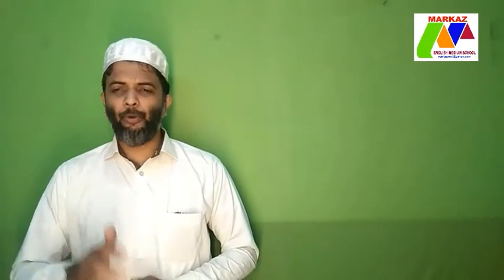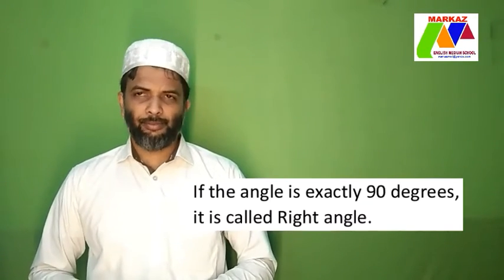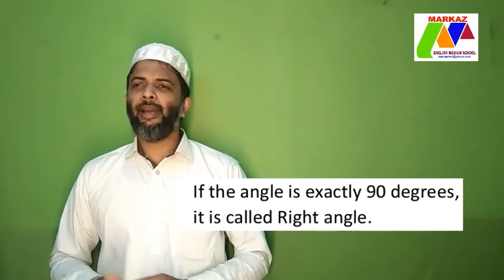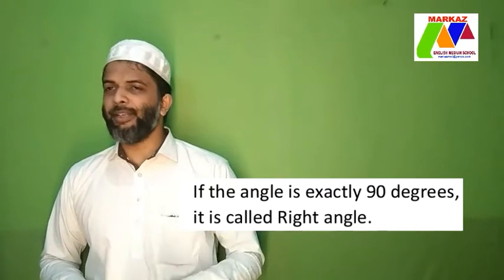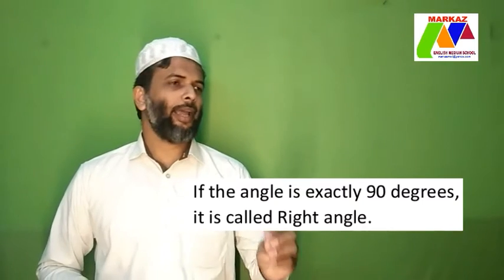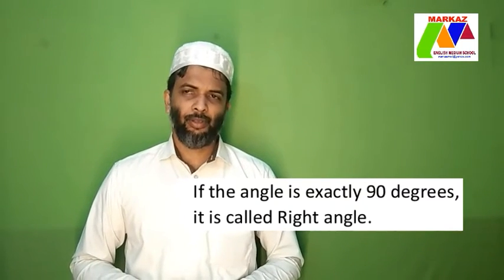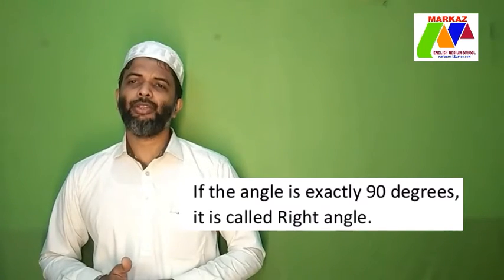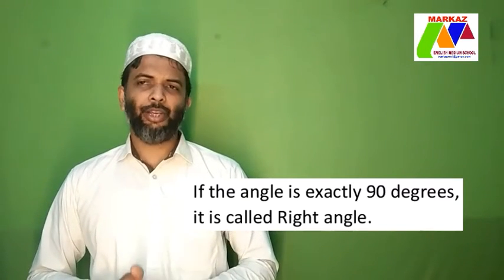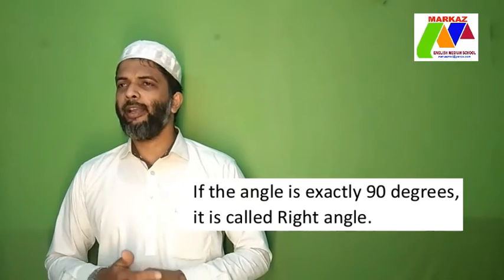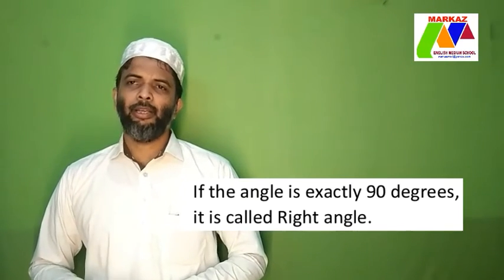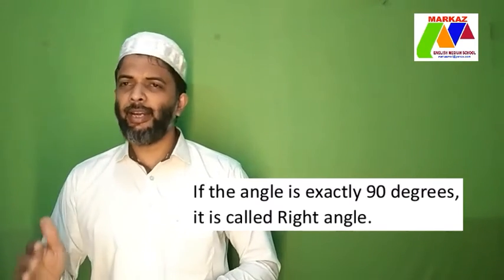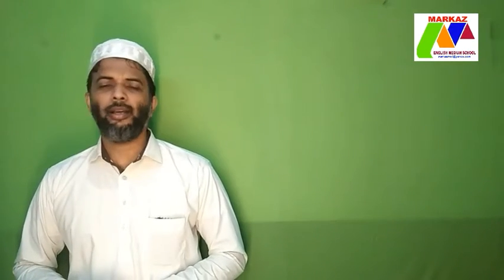Second type of angle, right angle. If the angle is exactly 90 degrees, it is called a right angle. Write the statement under the heading of right angle.